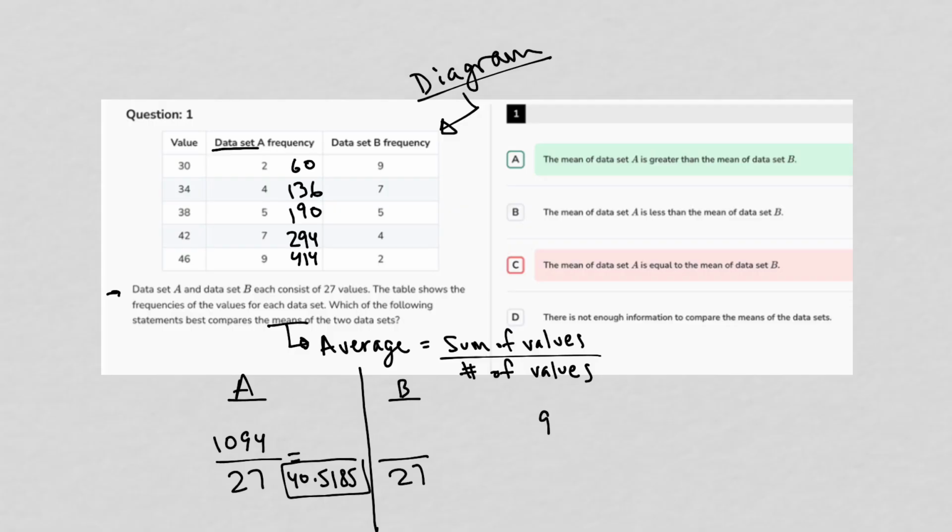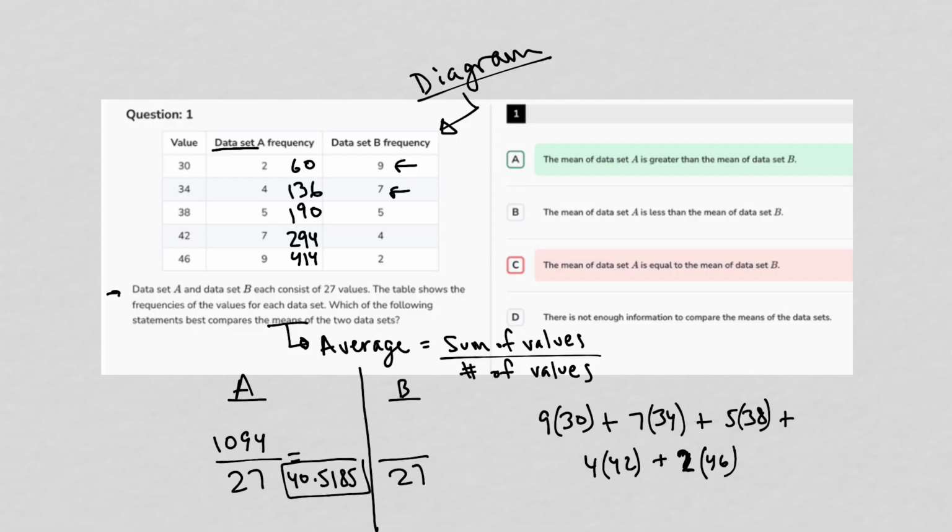So here we'd have 9 times 30 plus 7 times 34, again, because there's 7 34s and 9 30s, plus 5 times 38 plus 4 times 42 plus 2 times 46. So now I'm going to go to my calculator and just see what all that ends up giving me.